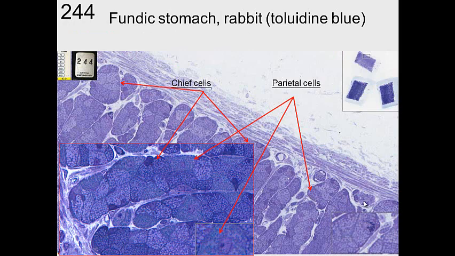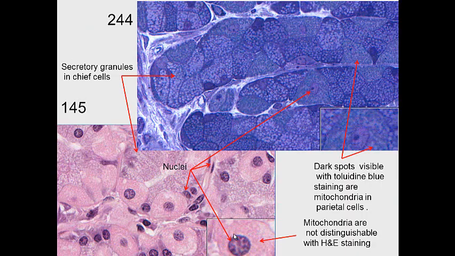Now if we look at those same cells with toluidine blue, we can see the secretions of the chief cells, but also on the parietal cells we can see there's granularity in there. This granularity is the mitochondria. So you can see mitochondria in there. So here you can see the chief cells, the secretions in both of these, very nice.